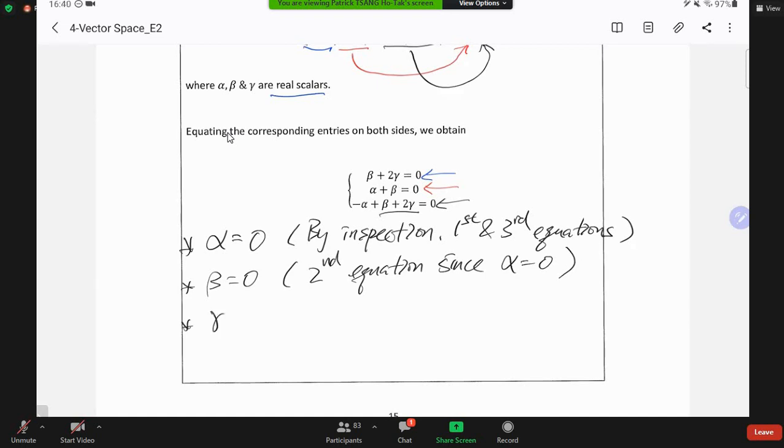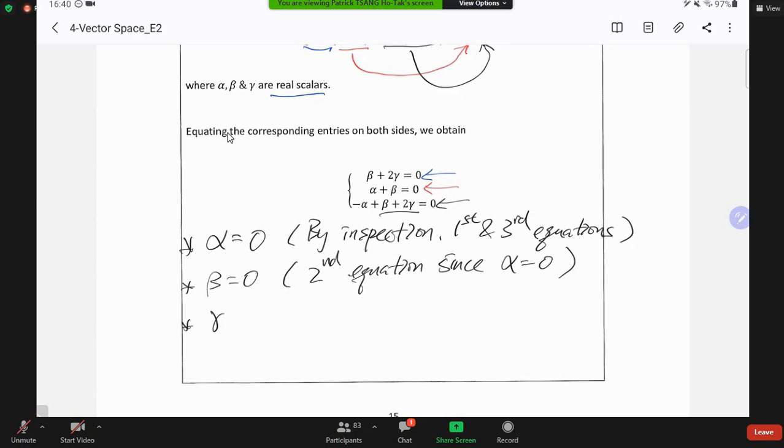How about gamma? You can see that I can borrow the first equation or the third equation again, because only these two equations involve gamma.